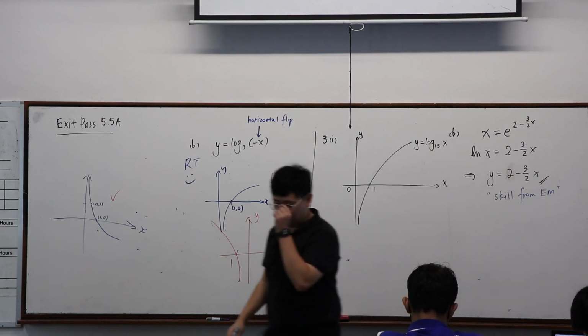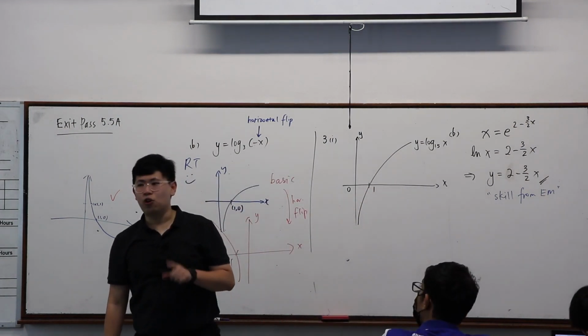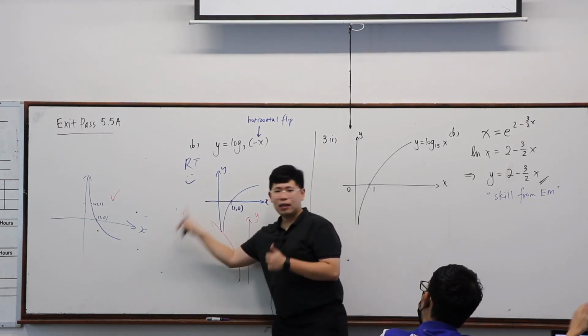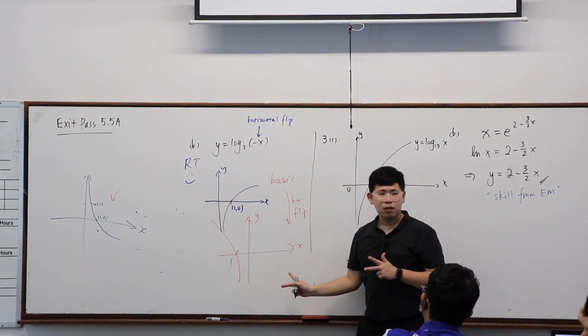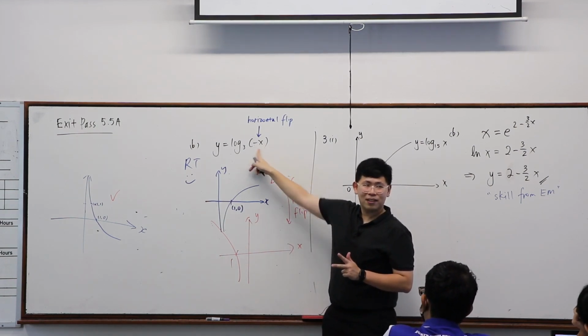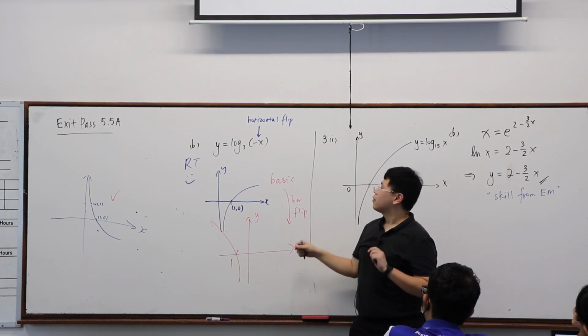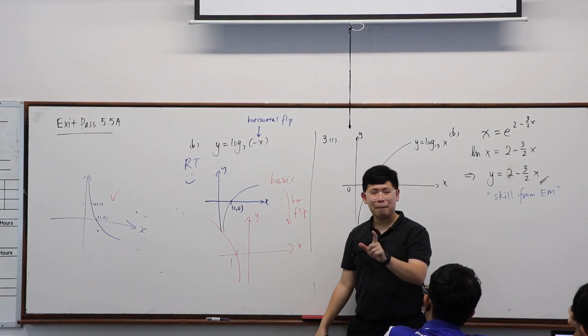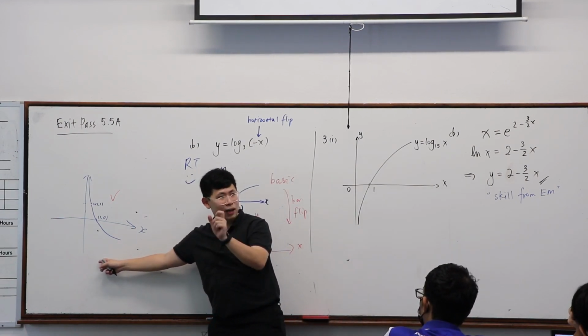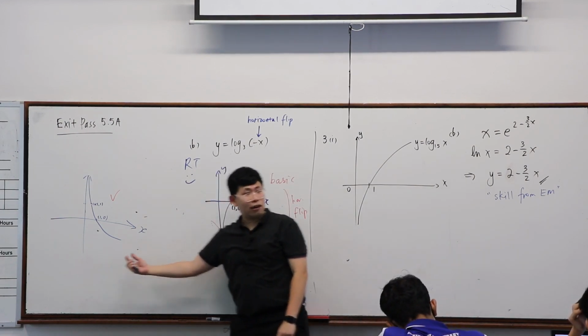Okay, the second one, log base 0.8 of x. So 0.8, which graph is this? Number 1, number 2, or number 3? Type 1, because the base is smaller than 1, so your graph is actually a negative graph.